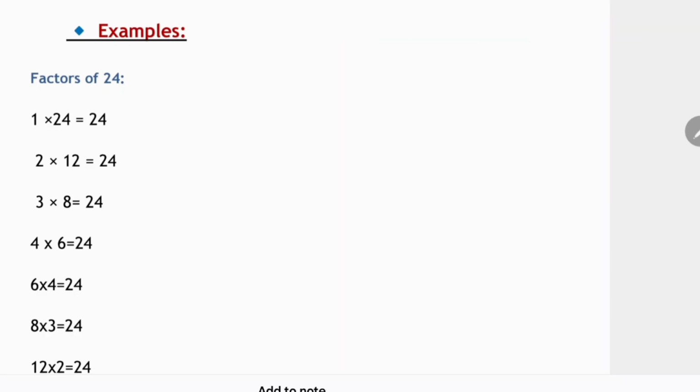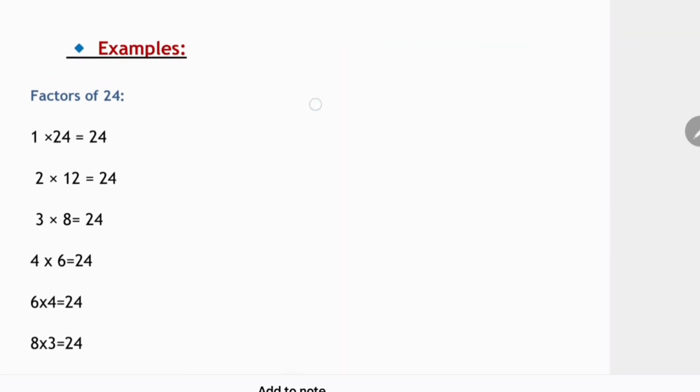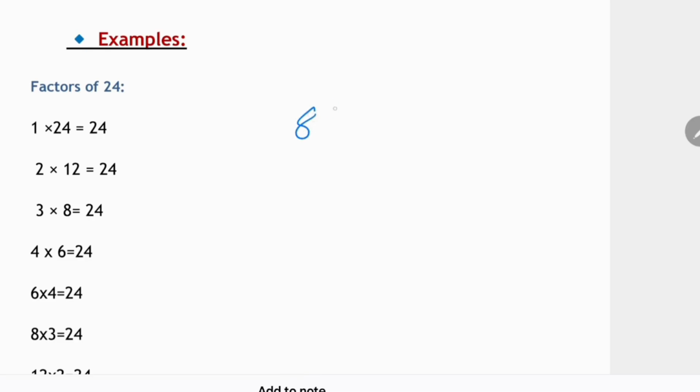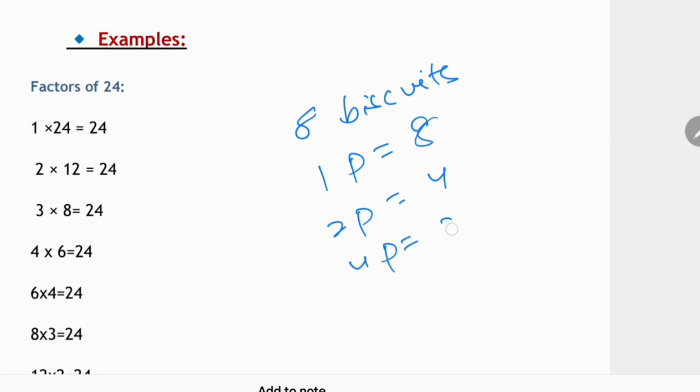Next, another example. Imagine you have 8 biscuits. You can share them like one person gets 8, two persons each one gets 4 biscuits, and 4 persons each one gets 2 biscuits, and 8 persons each one gets 1 biscuit.